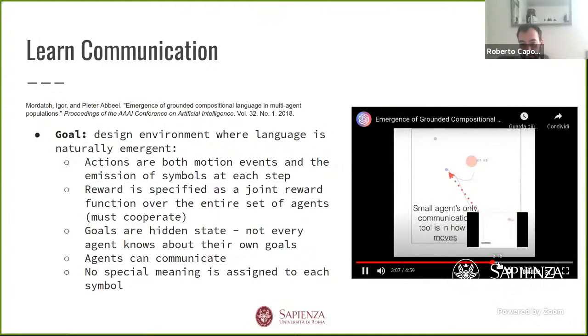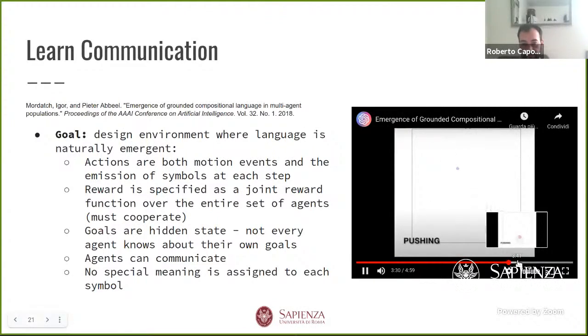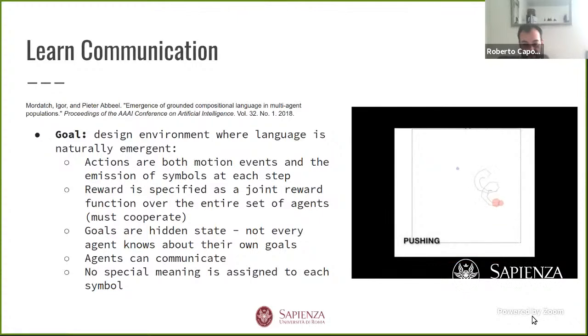I don't think we need to look at everything, but it's very interesting to see what happens over here.